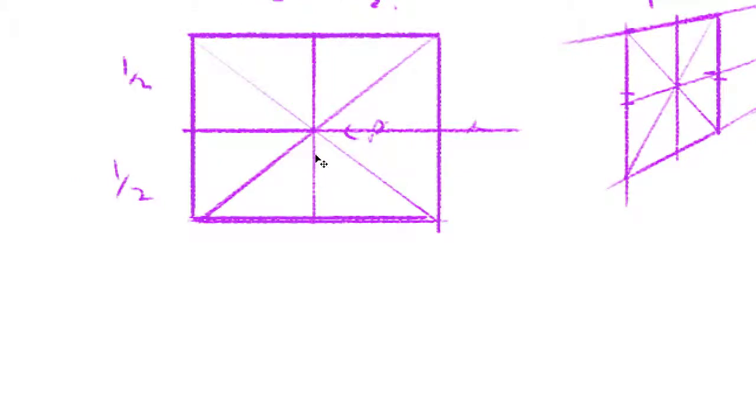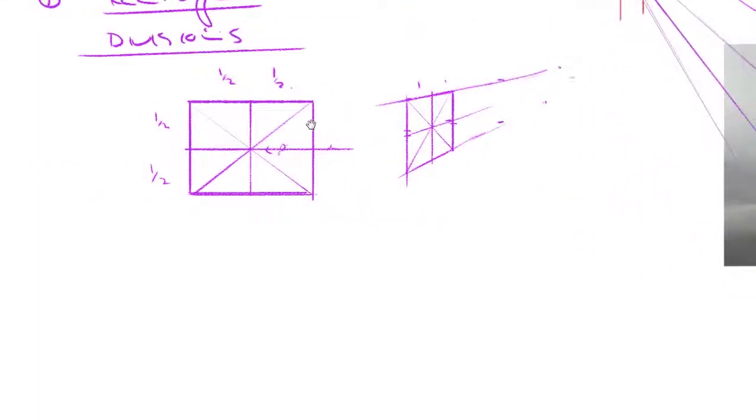I just need to keep a straight line through those two, and then I find the division. This one needs to go to the right vanishing point so that I don't draw a skew line on here. So let's go on. This is basic division.